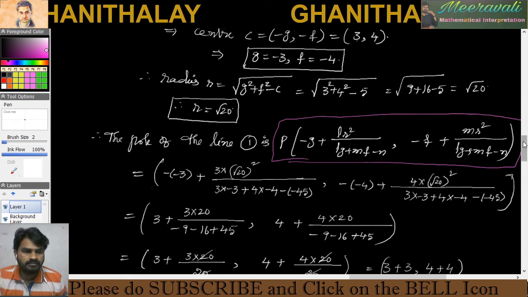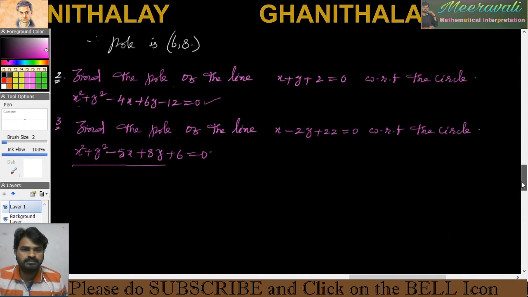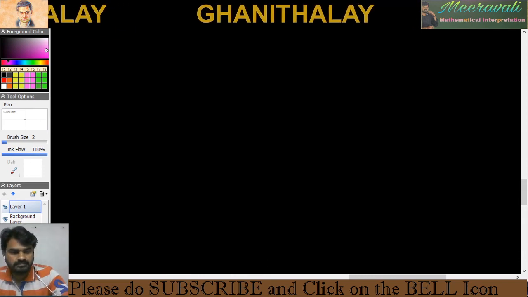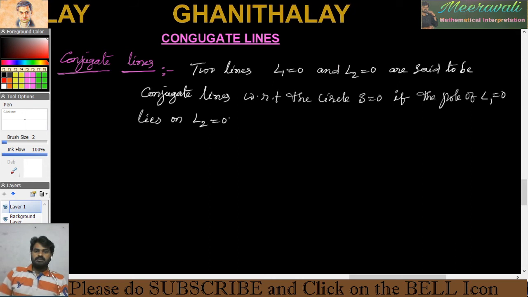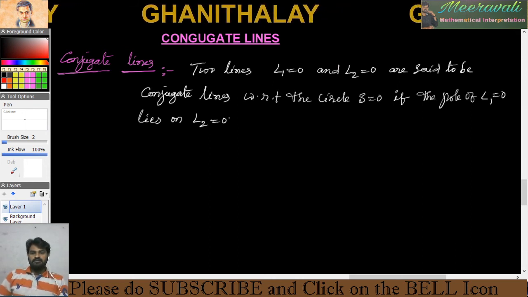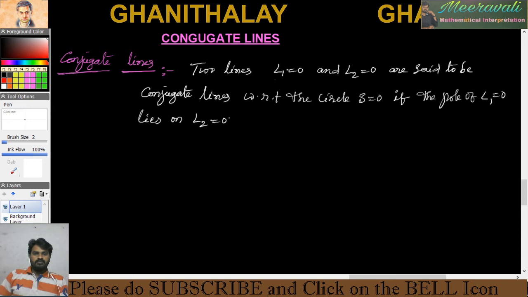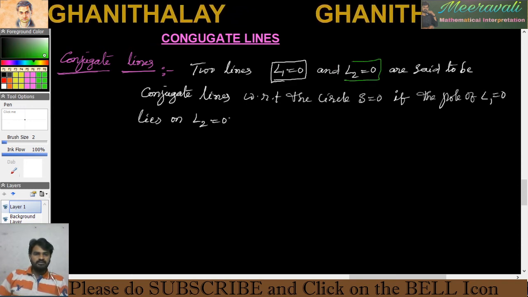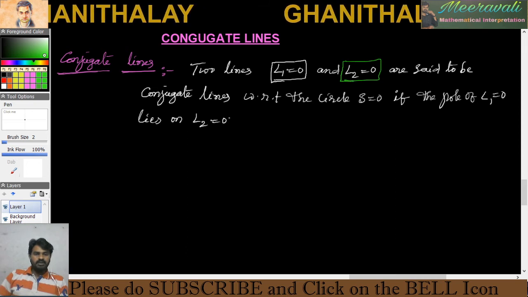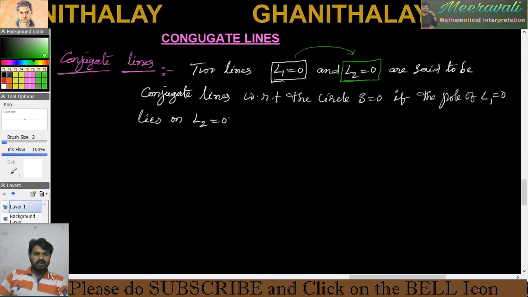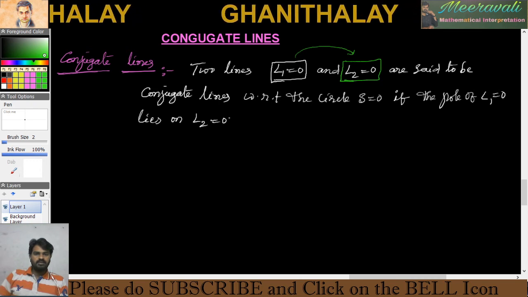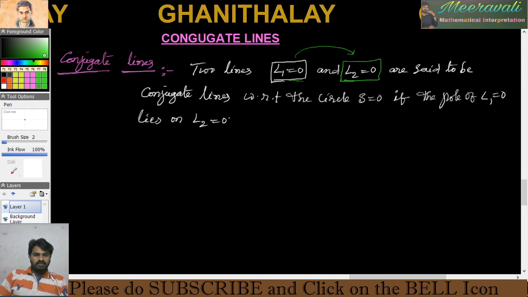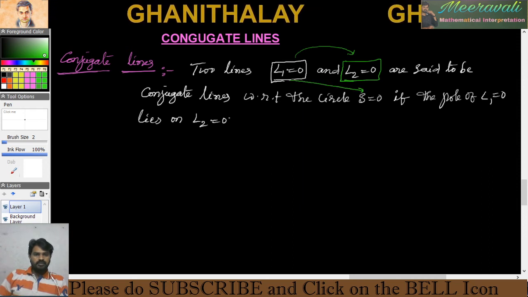Okay. Now we are going to discuss conjugate lines. The definition of conjugate lines: when you say that the two lines L1 equal to 0 and L2 equal to 0 are the given two lines, we say that these two lines are conjugate. The meaning is, by taking the first line and the circle we need to find the pole.